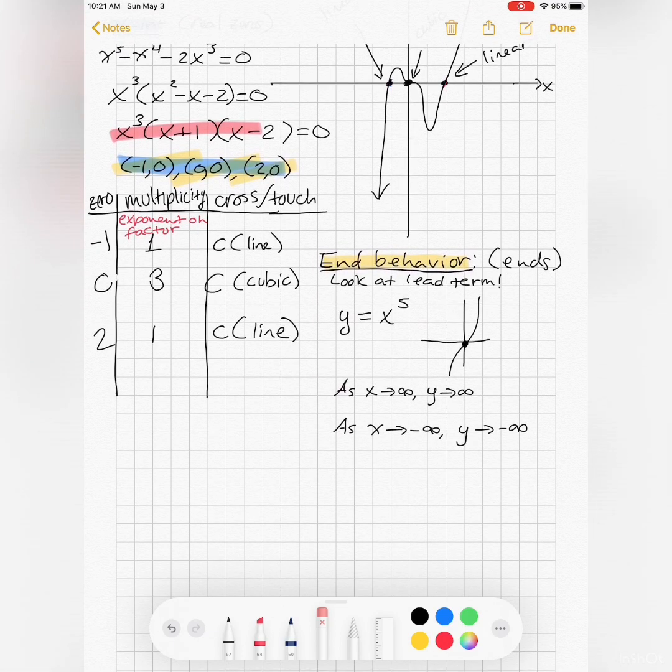So I can even make a generalization here, right? I can say odd multiplicities, like all of these were, cross, whereas even multiplicity, that's like parabolic. We'll get to one like that probably next, those touch.